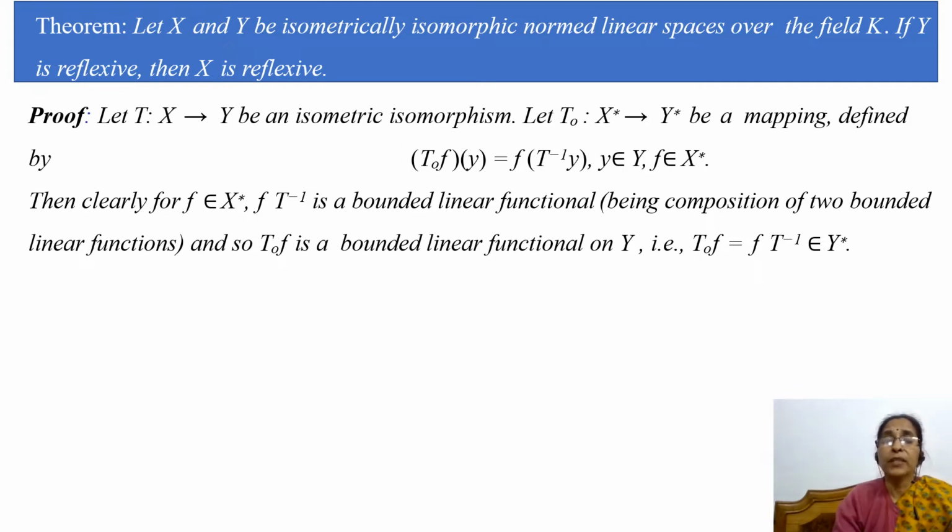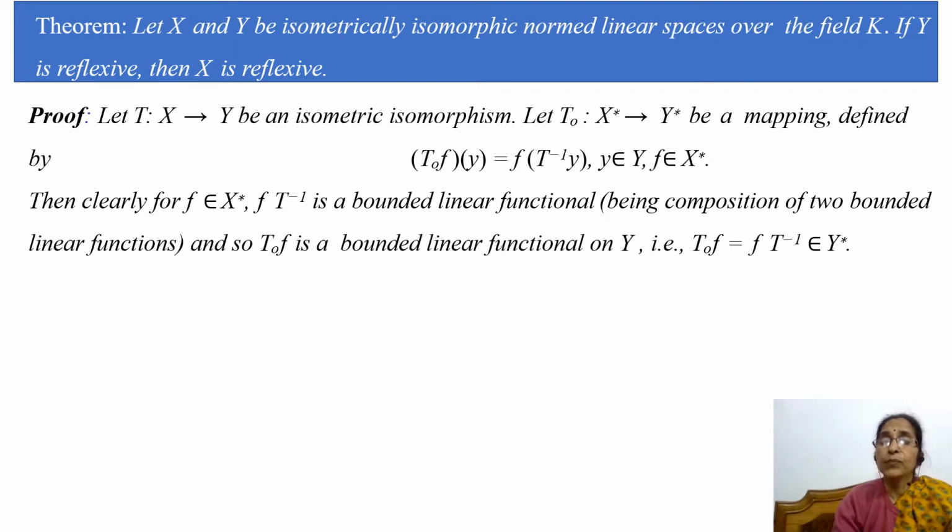Next, we show that X star and Y star are also isometrically isomorphic. So let T naught from X star to Y star be a mapping defined by T naught F of y is equal to F of T inverse y for every y in Y and F in X star.